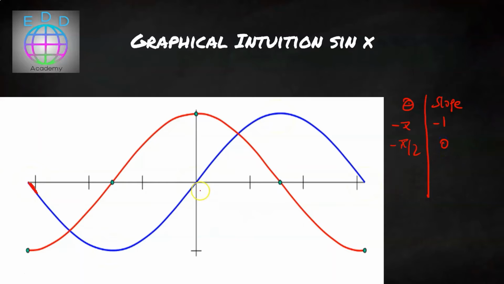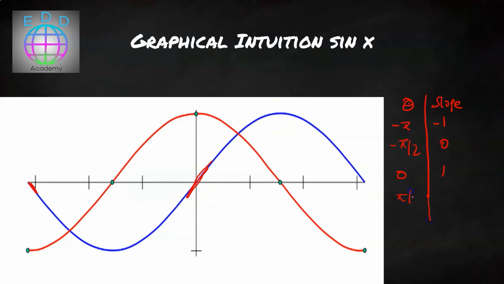Looking at our 0 point, the tangent line here seems to be y equals x, which has slope 1. Looking at pi over 2, once again, the slope is still 0 because it's a horizontal tangent line.